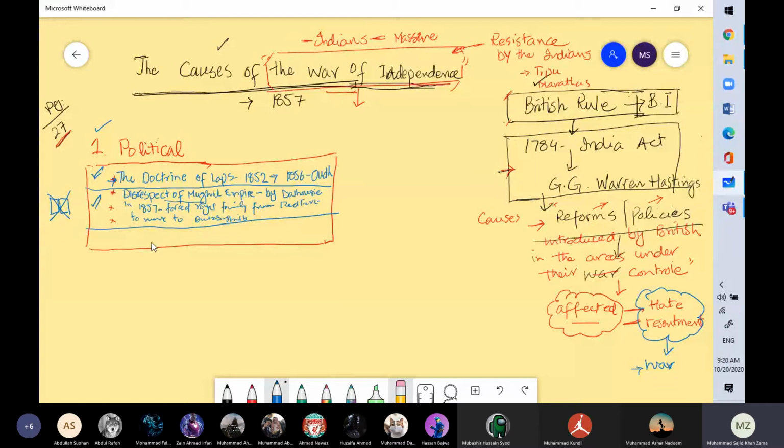Number one, I will say a simple point: lack of opportunities for native Indians in civil services.